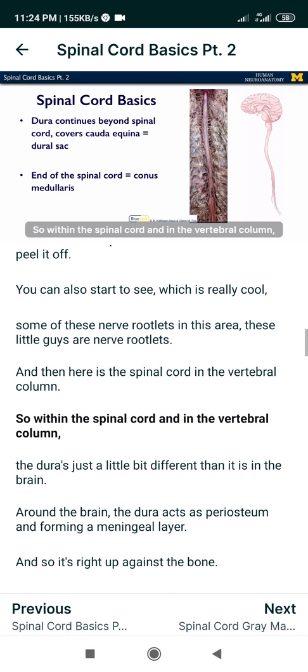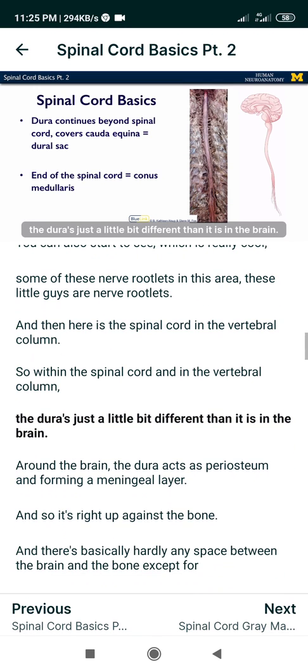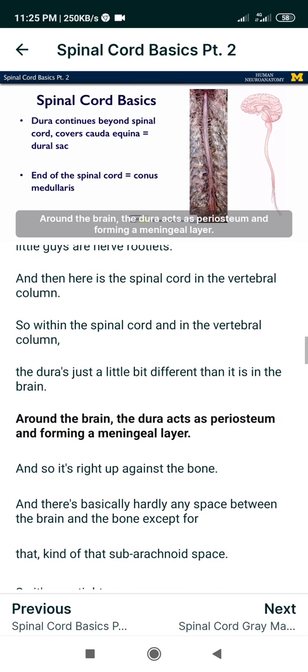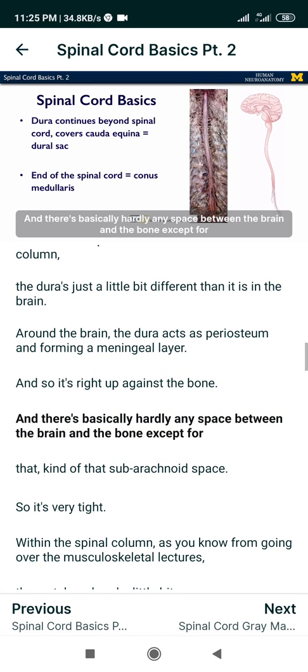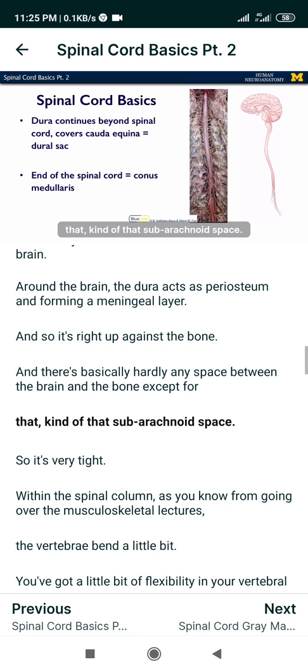Within the vertebral column, the dura is just a little bit different than it is in the brain. Around the brain, the dura acts as periosteum and forms a meningeal layer, so it's right up against the bone. There's basically hardly any space between the brain and the bone, except for that subarachnoid space.